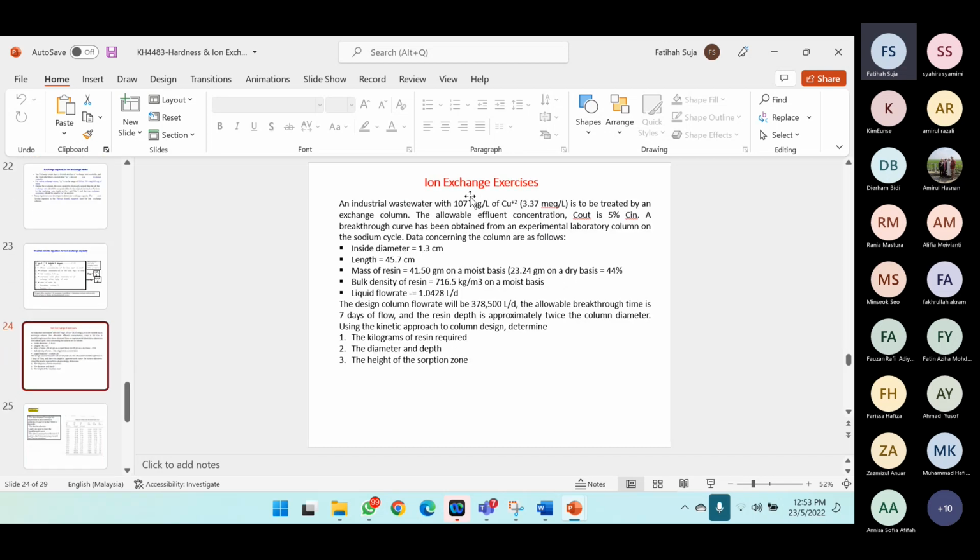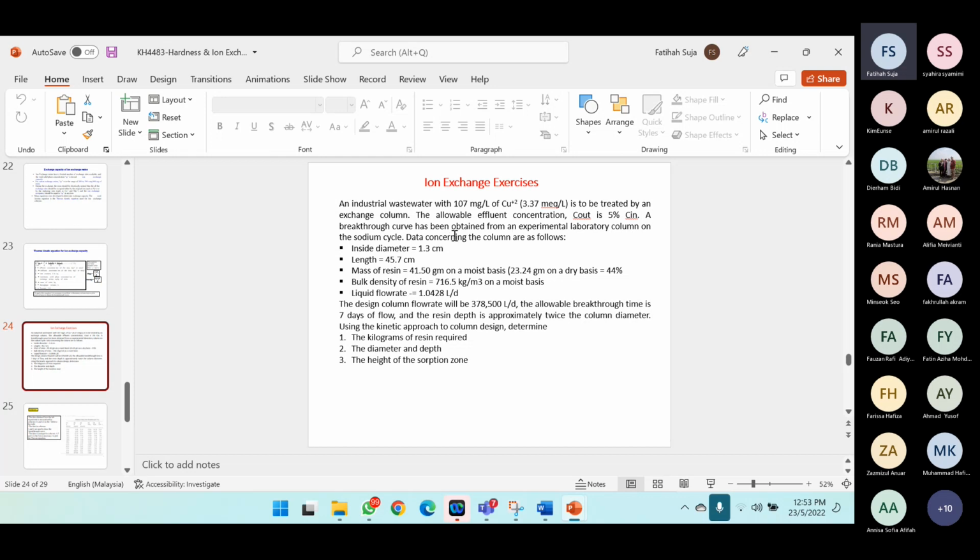Okay. So this is one example of an ion exchange exercise. An industrial water with 107 milligram per liter of copper, 3.37 milliequivalent per liter, is to be treated by an exchange column. The allowable effluent concentration C out is 5% of C in.